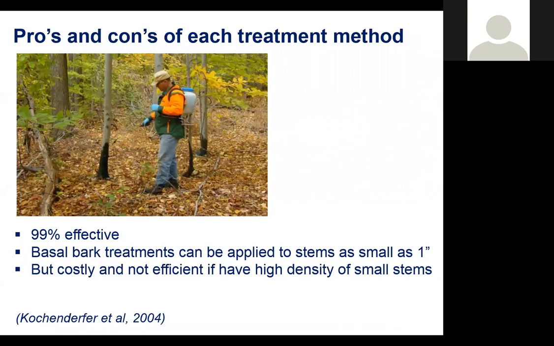So perhaps if you have some of those lingering beech that are a few inches in diameter, and then a couple other smaller sprouts around in saplings, you can go and individually treat each of those using a basal bark treatment. But it does get pretty costly and not very efficient, again, if you're dealing with a high density of those small stems, those 1 inch stems. So this is a good spot application, I would say.